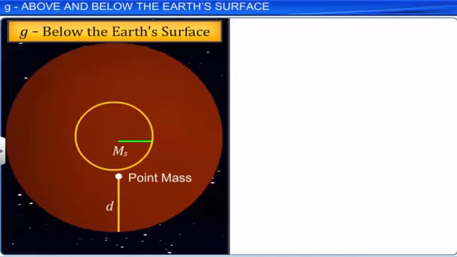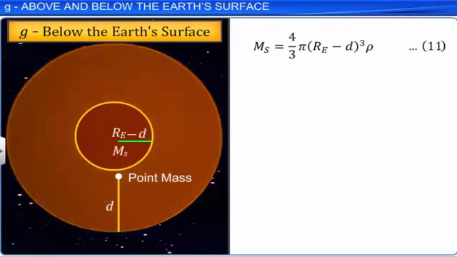Thus, the mass of the inner sphere of Earth is represented by equation 11: Ms is equal to 4 by 3 pi into the cube of (Re minus d) into rho. Here, the gravitational force between the shell and the point mass is 0, as it lies inside the shell.